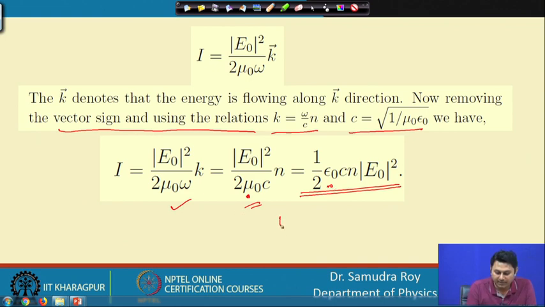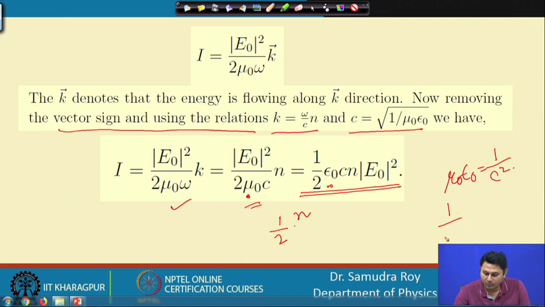If I write this as half of n and then mu 0, mu 0 epsilon 0 is nothing but 1 by c square. So, 1 by mu 0 is replaced by epsilon 0 c square.